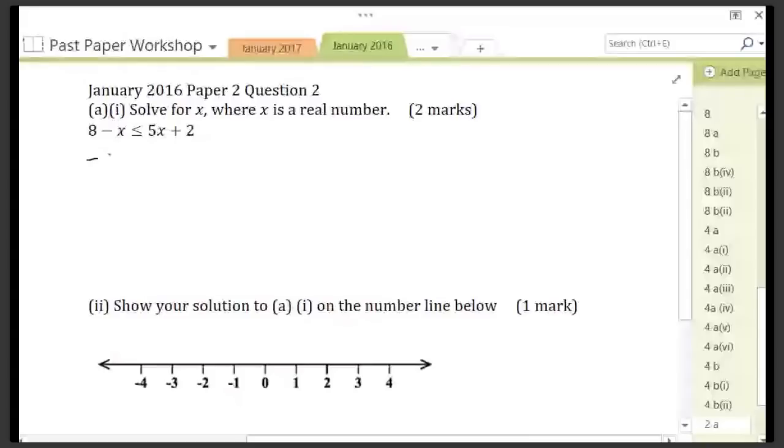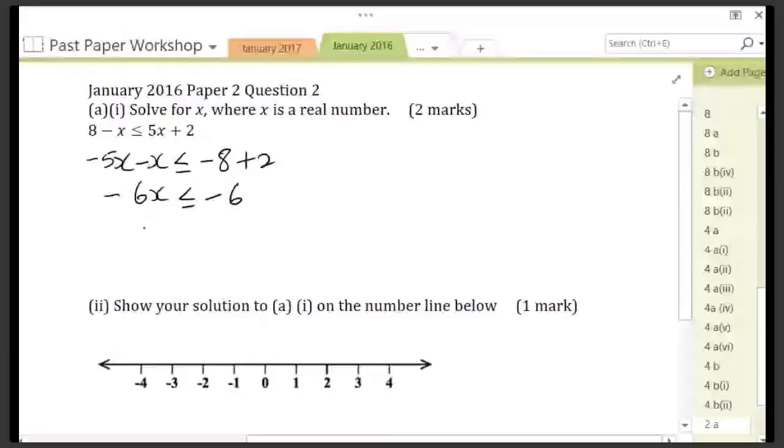All right, so every time you move a quantity across it, the sign changes. So 5x, when it comes across, becomes minus 5x, and this is minus x. This is less than or equal to. Take this 8 across, this becomes here minus 8 plus 2. So this becomes here minus 6x is less than or equal to minus 8 plus 2 here is minus 6.